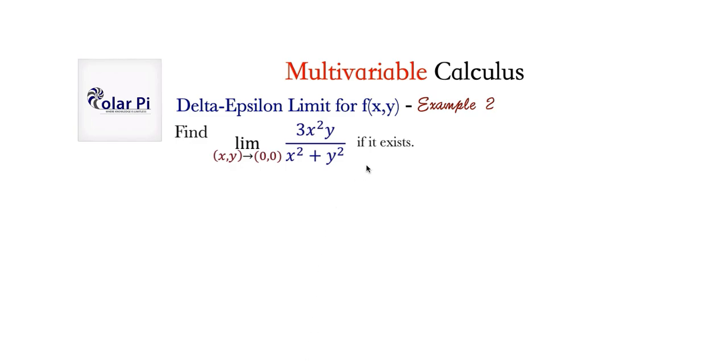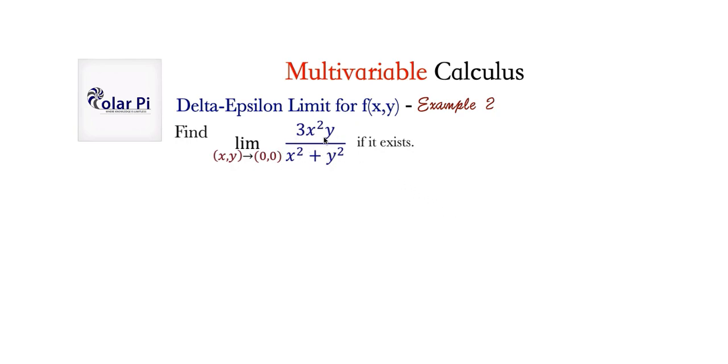So this will be our very first delta-epsilon limit proof in Calc 3 or multivariable calculus, because as I said in example 1, all three limits that we evaluated ended up not existing, and the way that we checked that the limits didn't exist is by approaching them from multiple different lines and seeing that eventually they didn't come out to the same number.